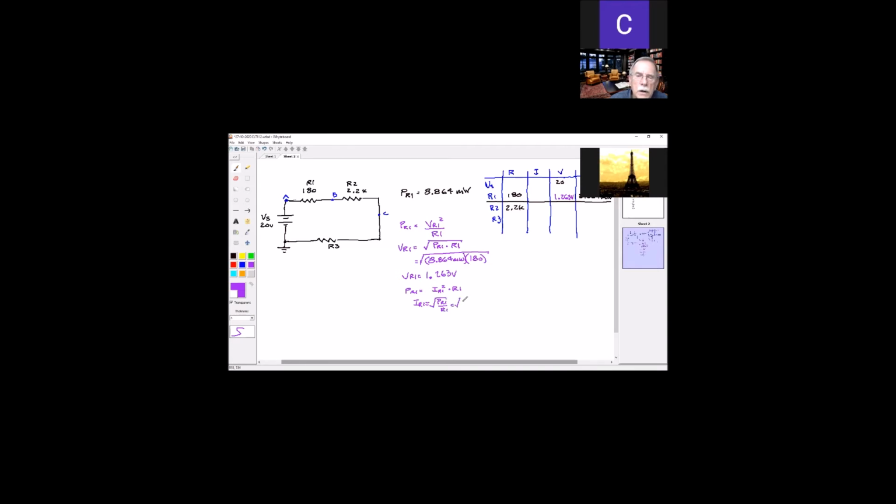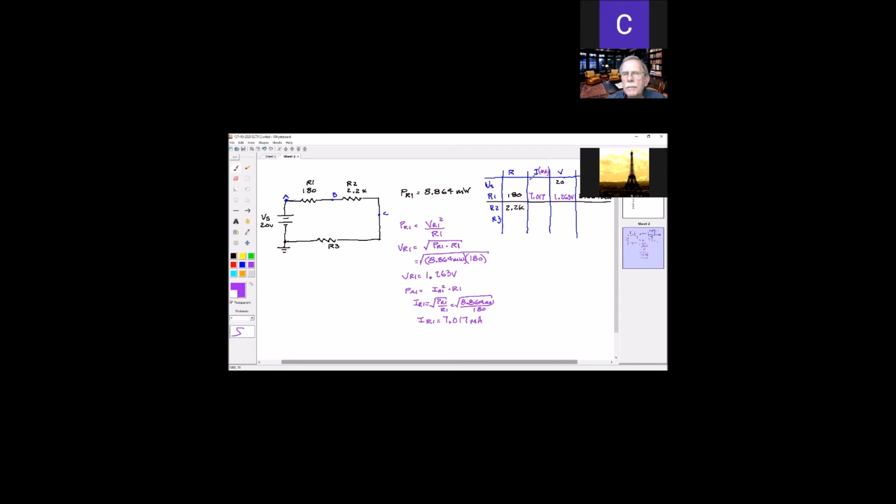So I've got the square root of 8.864 milliwatts divided by 180, which is 7.017 milliamps. I'm going to make this all in milliamps.